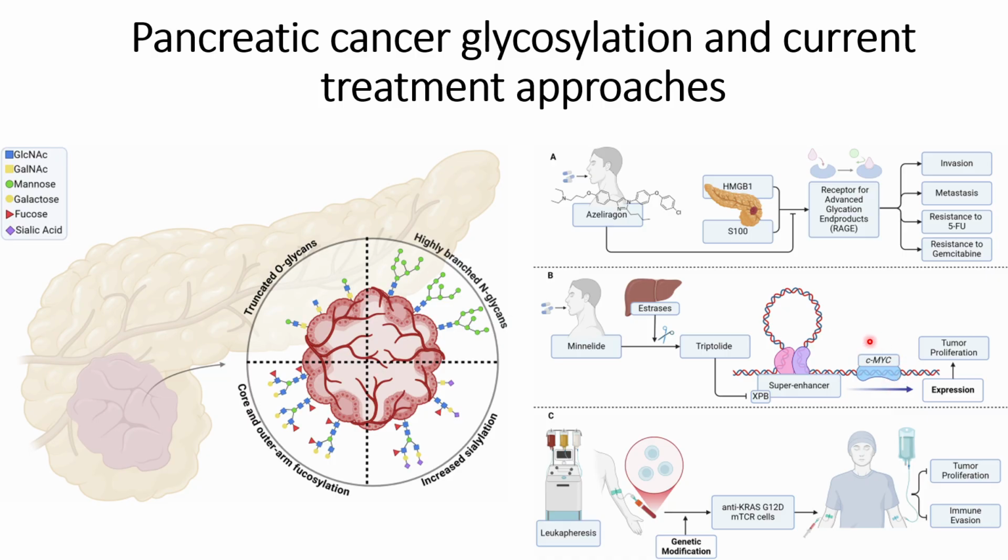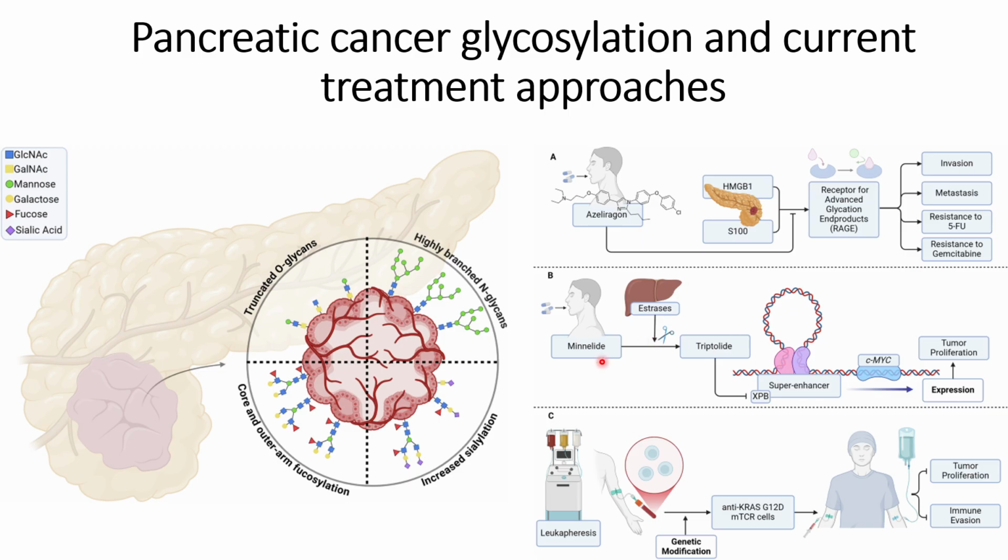Once its expression is suppressed, it will prevent tumor proliferation, and the major cause of pancreatic cancer is its aggressive migration and proliferation properties.